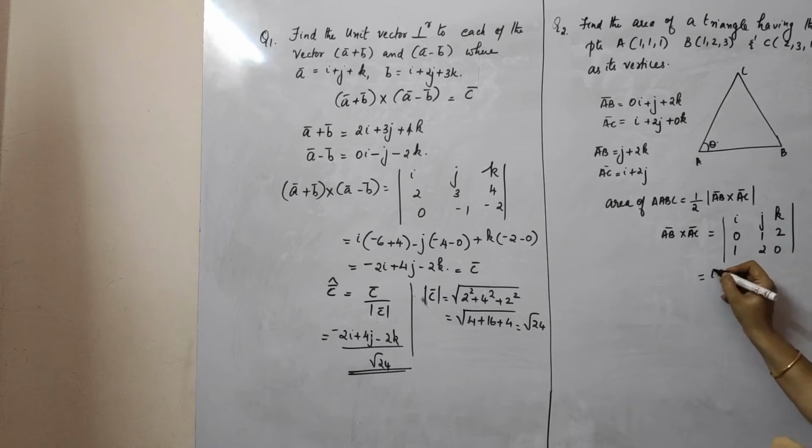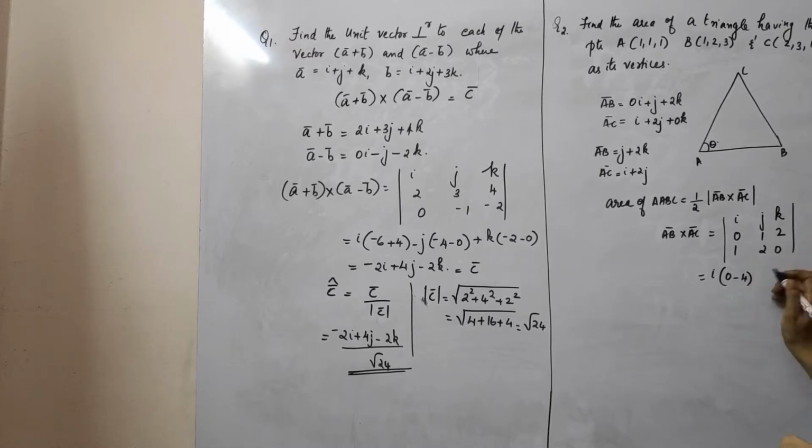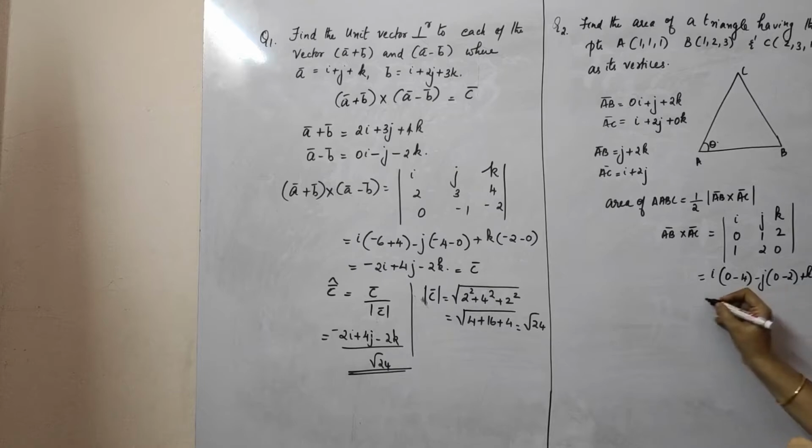So what do you get? i into 1 into 0 minus 4, plus, minus j into 0 minus 2, plus k into 0 minus 1. That is minus 4i plus 2j minus k.